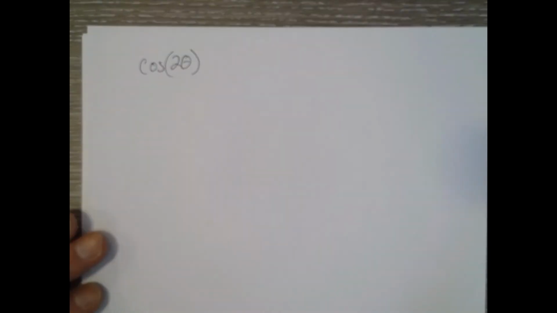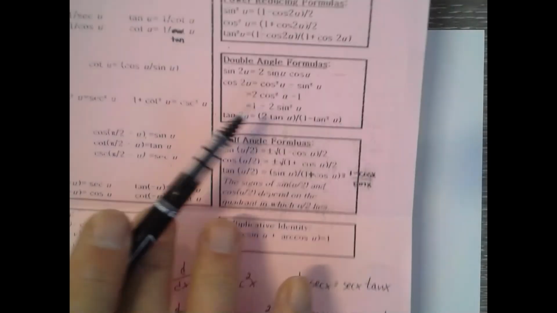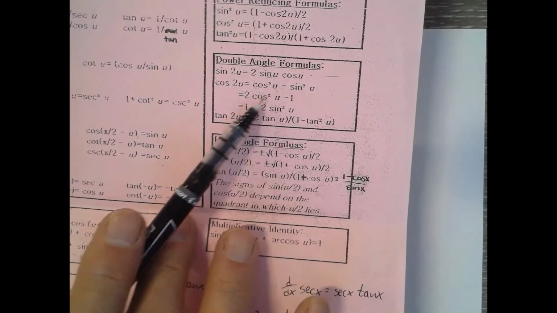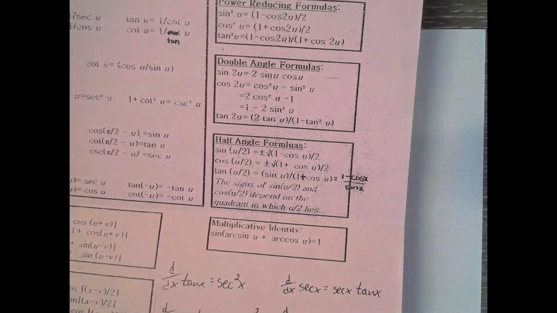Cosine of 2 theta, this is another double angle. It actually has 3 different options. We have cosine squared minus sine squared, we have 2 cosine squared minus 1, and we have 1 minus 2 sine squared. 3 different options.